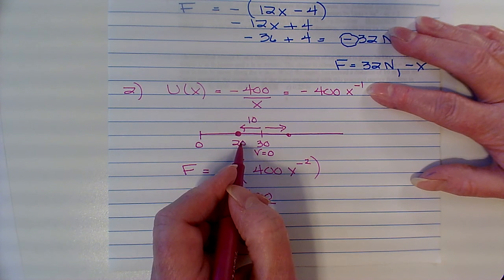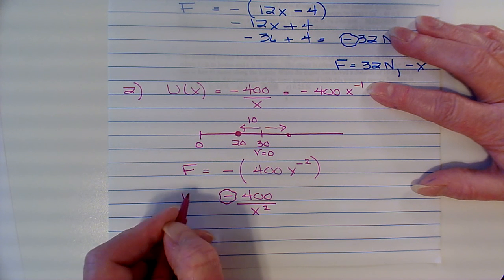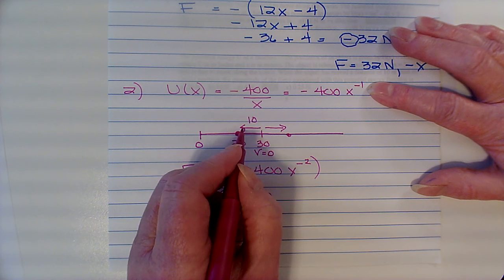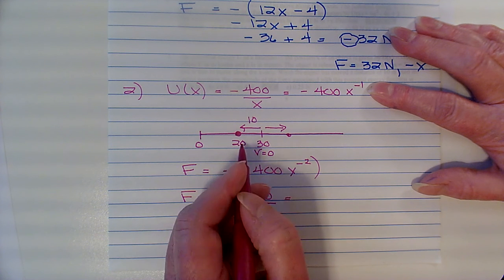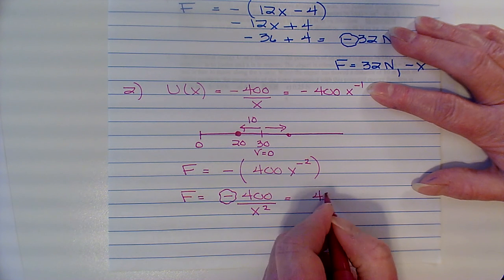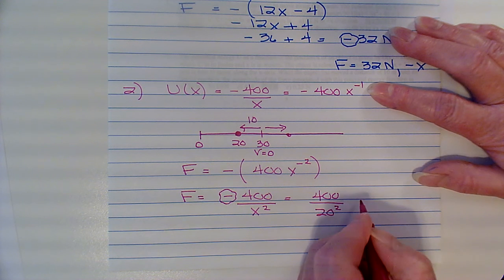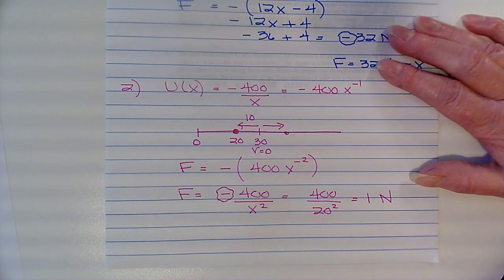And I need to know that because that's what I have to plug in for x to come up with the answer for the force. So the negative told me which way it went. The force acting on it was negative. And so now the x value was 20. So I can plug in for x a 20 squared. And we find out that the force acting on it is 1 newton.